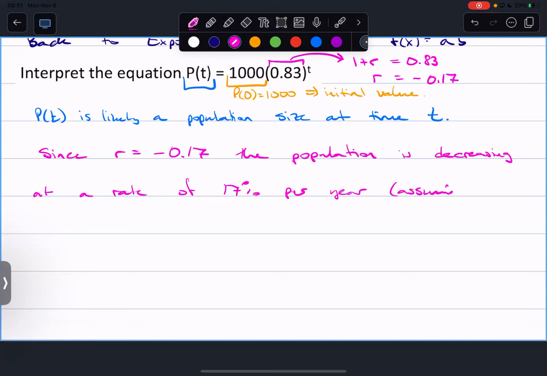I'll just throw in, we always have to state our assumptions. What are some of the things I'm assuming? I'm assuming P stands for population size. That's not necessarily true. I'm assuming time is in years. Could be minutes, could be whatever, but just for interpretation, assuming time t is in years.